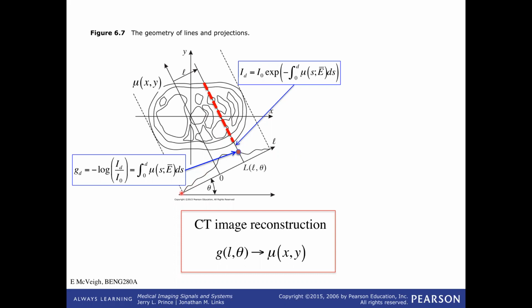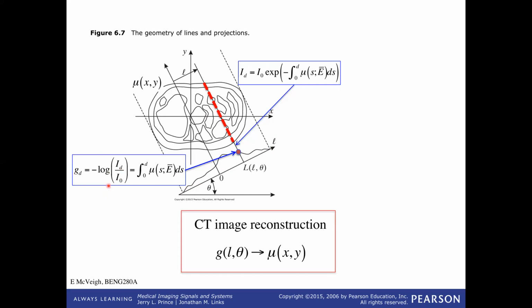And we create a function which we've called little g at each detector position, or coordinate L along there. Its height is proportional to how much X-ray attenuation occurred. So if there's a lot of attenuation, g is high. If there's not much attenuation, g is low, okay?